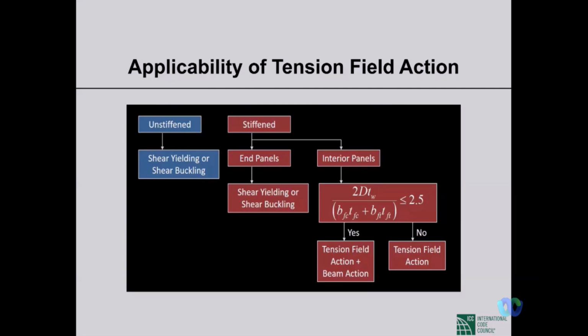Only in the interior panels we can consider tension field action, provided the slenderness ratio is within some limit. If the web is too thin compared to the flange, we cannot consider tension field action. So if this factor is satisfied, then we can consider the tension field action.